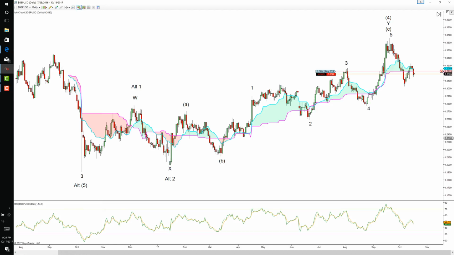So you would need to go from here as a 1, 2, 3, 4, 5 for 1. That's on the alternate. Then you have an A, B, then a C for W, A, B, C for X, and then an A, B, C for Y of an alternate wave 2.